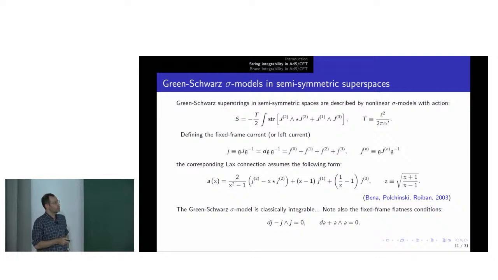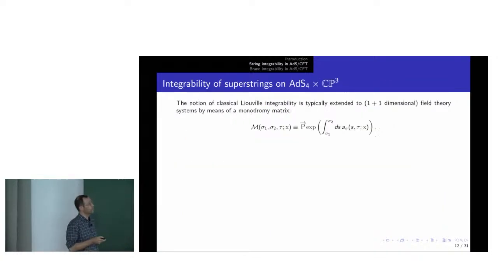And this again is still flat, but it gives rise to a more convenient form of the Lax connection, which does not contain the invariant subset, the bosonic element. And this is what was famously used by Bena, Polchinski, and Roiban to prove integrability of these strings. Let me go through the argument very quickly.